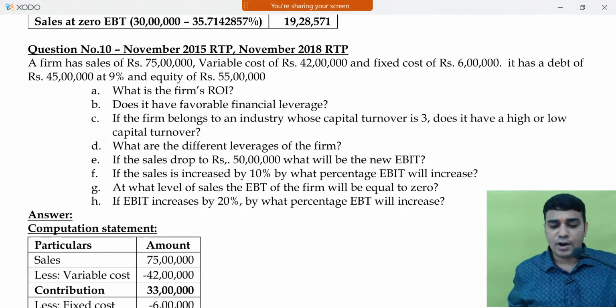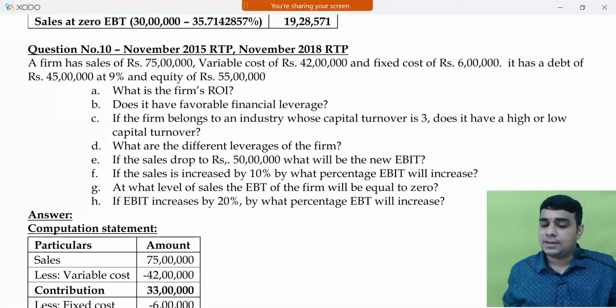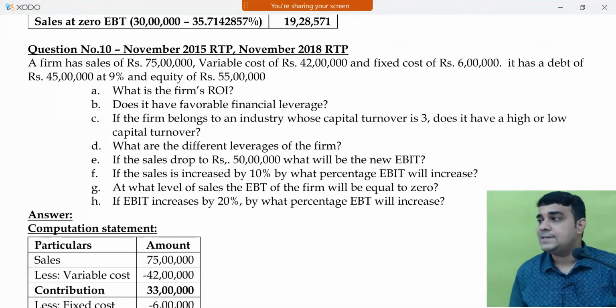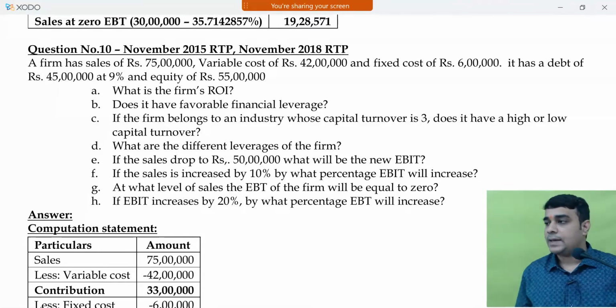If the firm belongs to an industry whose capital turnover is 3, does it have high or low capital turnover? Capital turnover formula is sales by capital employed. We have multiple turnover formulas. Asset turnover is sales by assets. Working capital turnover is sales by working capital. Fixed asset turnover is sales by fixed asset.